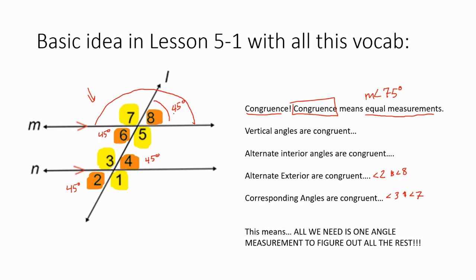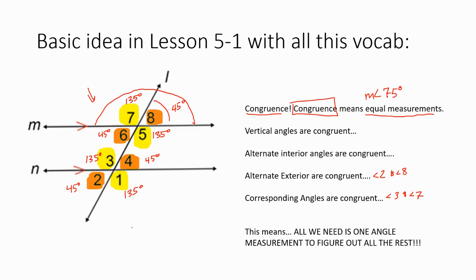So if angle 8 is 45, I can label all those orange ones as 45. The yellow ones have to be, let's see here, 135 degrees, right? Because those two add up to 180, which means angle 5 is 135 degrees based on vertical angles. The alternate interior here is 135 degrees, and the alternate exterior is 135 degrees. We can fill in every single one of these measurements just based on one.